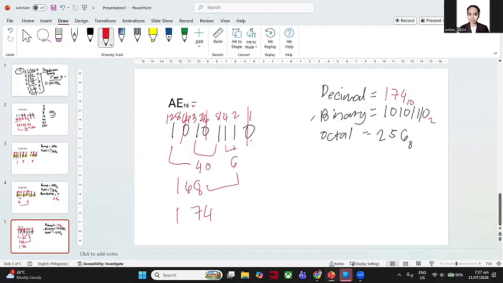Because once you get into binary, that's when you can solve your octal and hexadecimal, because you are going to have this solution. So, yes, that's it for our video.